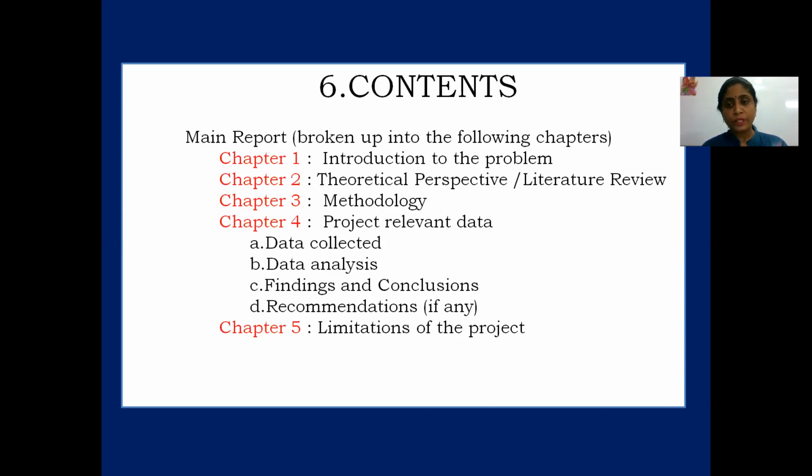Then you can give a clear picture about what you are going to do in your project. That means the gap which has existed can be covered by you, right? In-depth knowledge can be acquired through literature review.